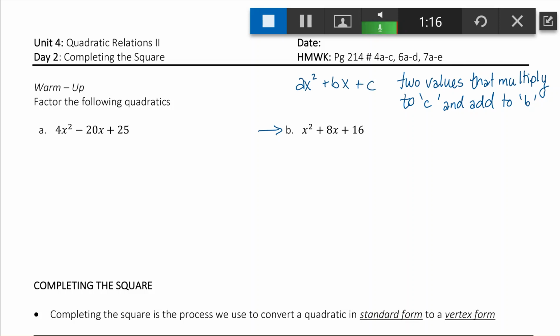So we're looking at two values that multiply to C and add to B. In this, our C value is positive 16, and our B value is 8.